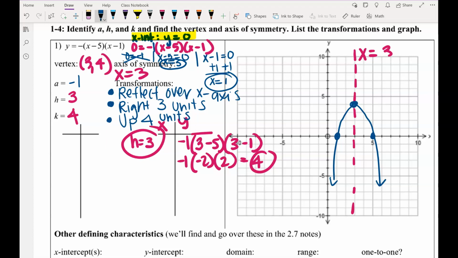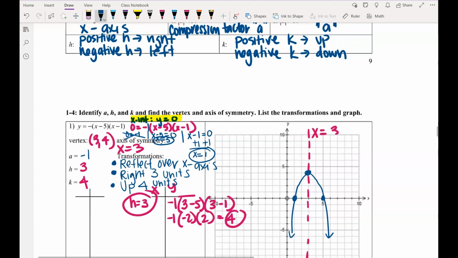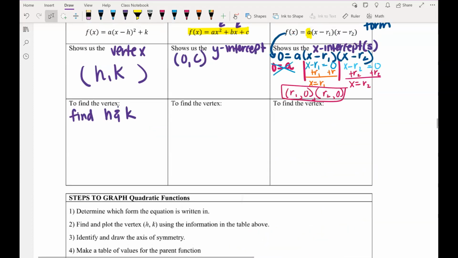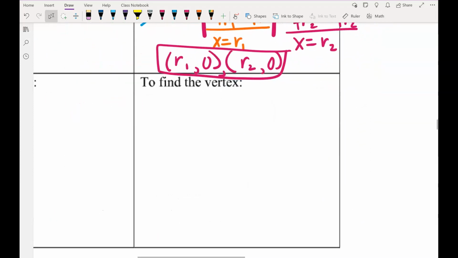So when it is in the factor form, aka intercept form, we would find the vertex. Now we're going to go back and spell it out. When it's in factor form, to find the vertex, what did we do? Step number 1: it's not as easy as h and k form, but we still found it.